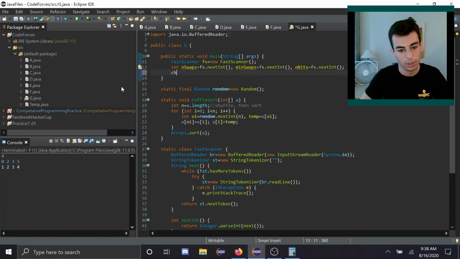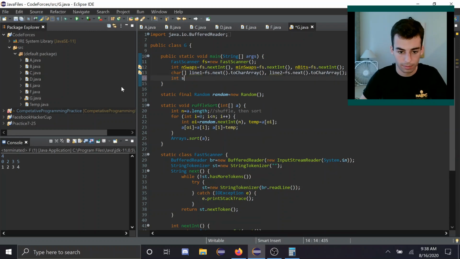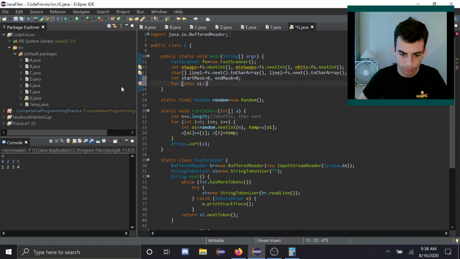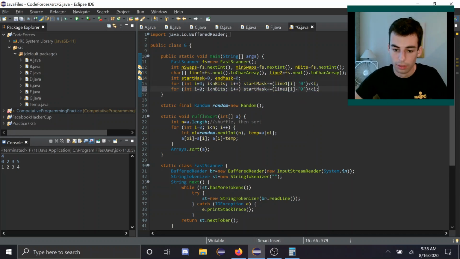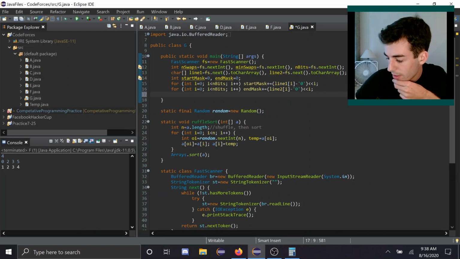So int start mask plus equals line 1 at I minus the character 0, left shifted by I. So we have this start mask and the end mask.